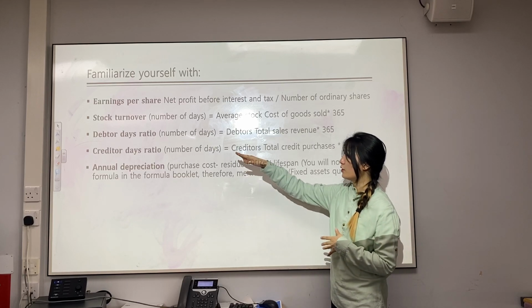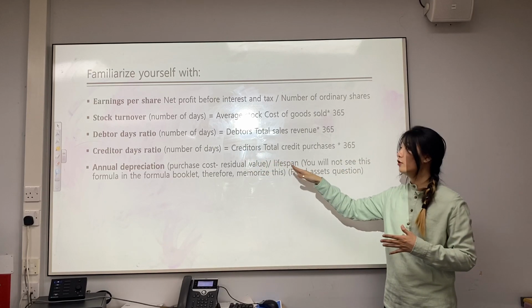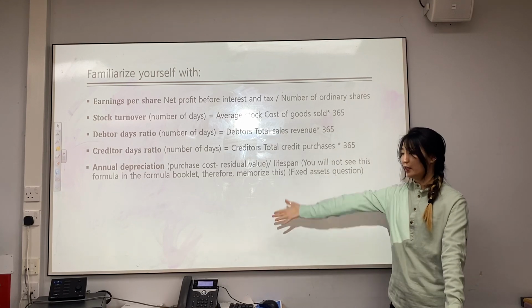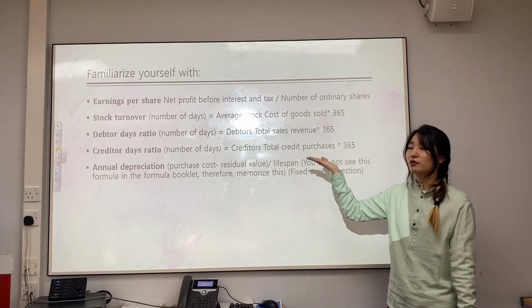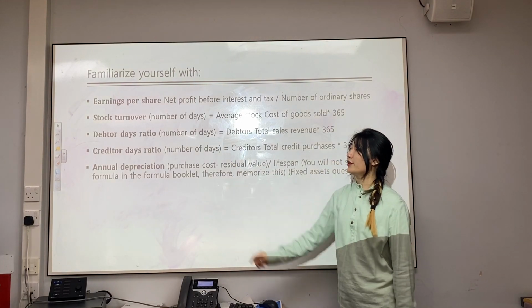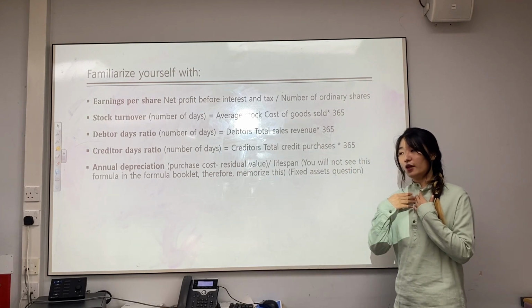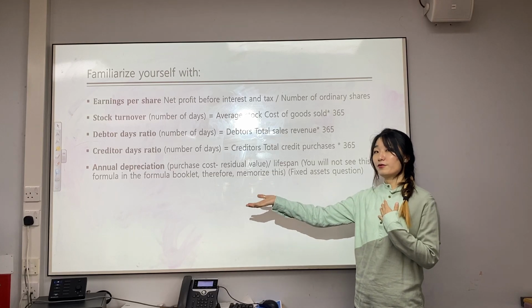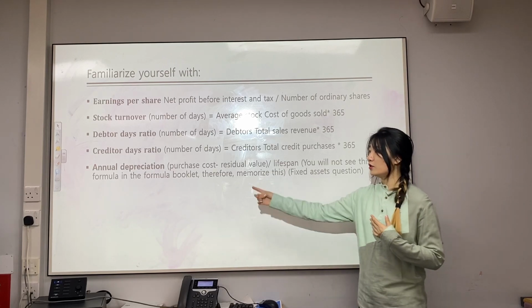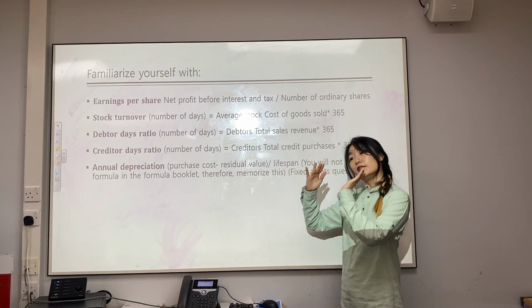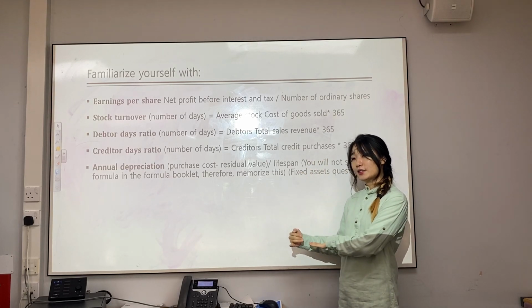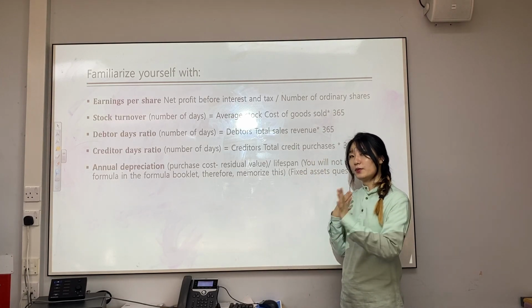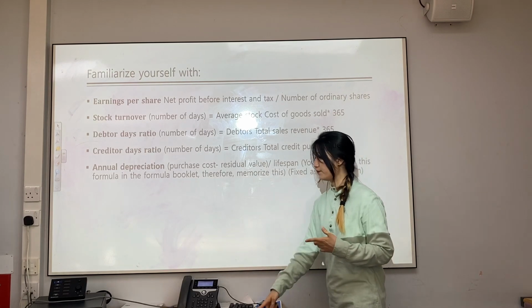So debtor days ratio would be about how long it takes for my customers to pay me what they've bought. Creditor days is how long I take to pay people, suppliers I bought from. Annual depreciation is the decrease in value of fixed assets, money I have within the business, throughout the years.